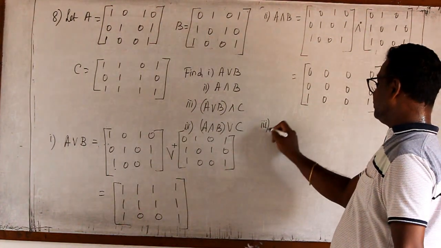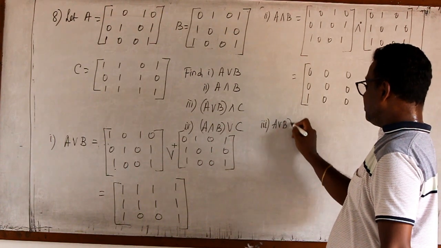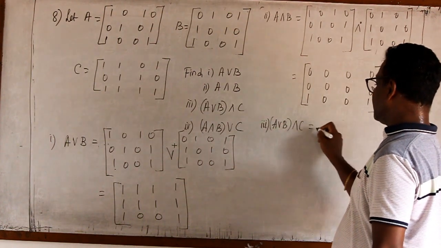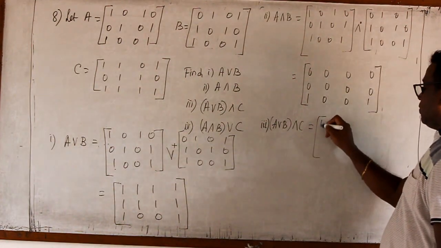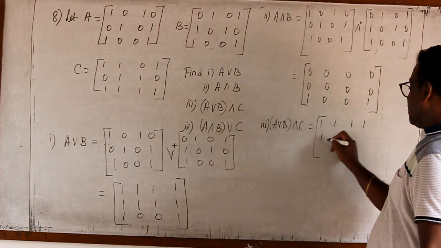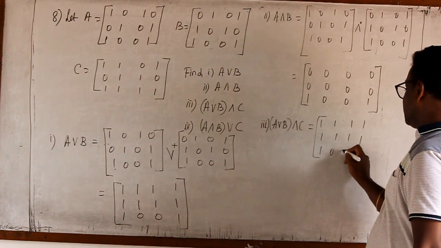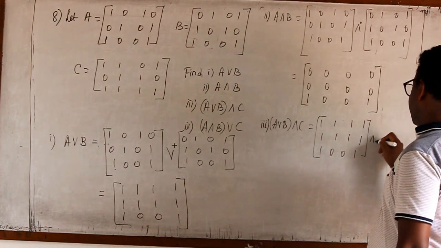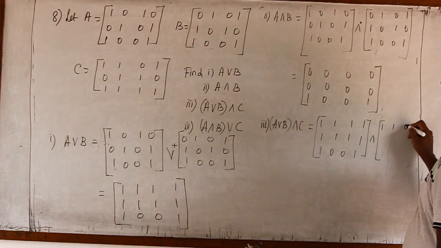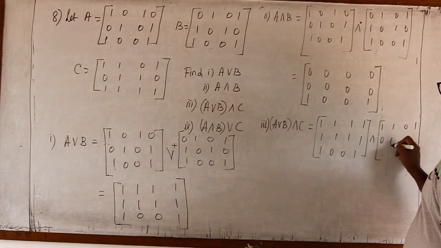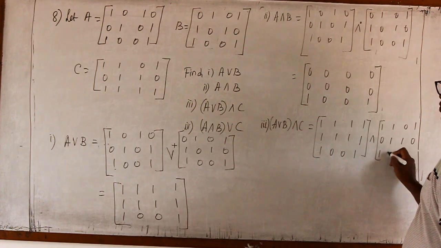Now the third one, A disjunction B, conjunction C. But we found this one already. That is 1 1 1 1 1 1 1 1 1 0 0 1. And C we have as 1 1 0 1 0 1 1 0 1 1 1 1.